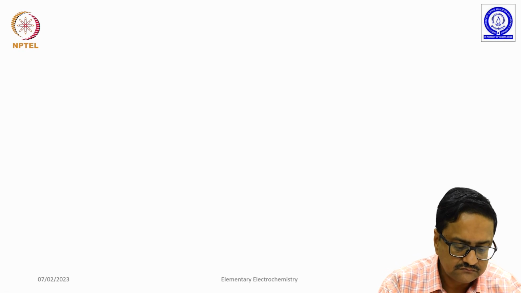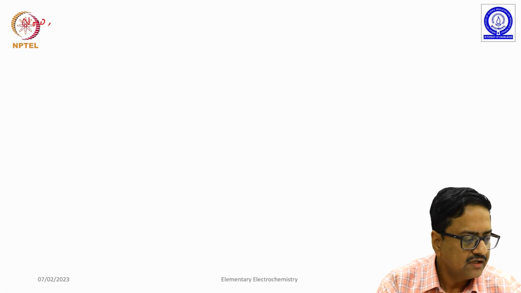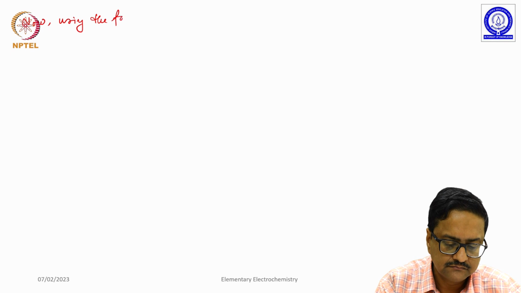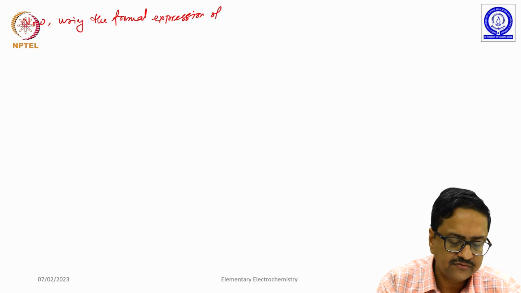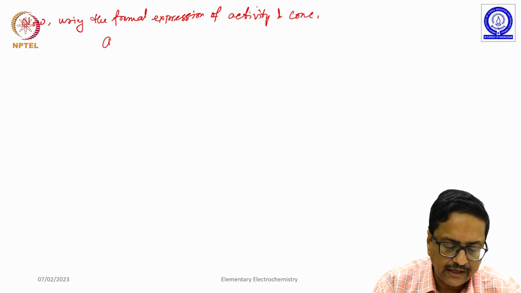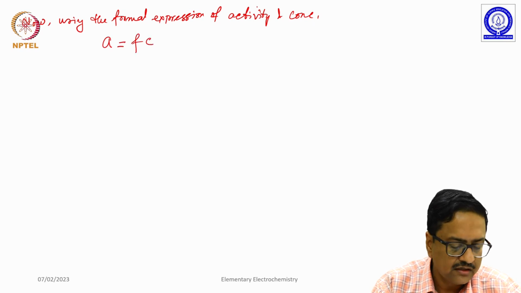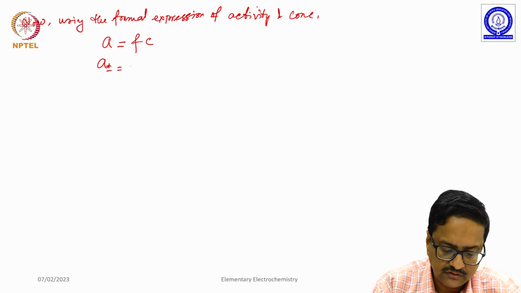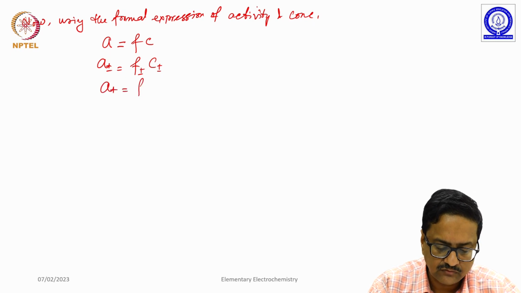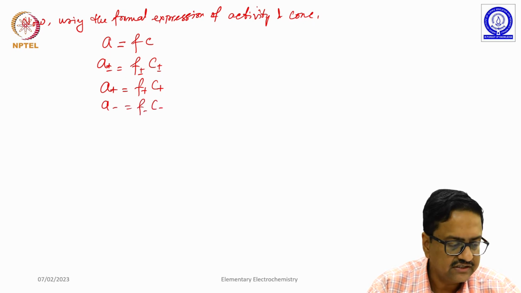So now, using the formal expressions of activity and concentration, one can write activity is equal to f c: A plus minus equal to f plus minus c plus minus, A plus equal to f plus c plus, and A minus equal to f minus c minus.